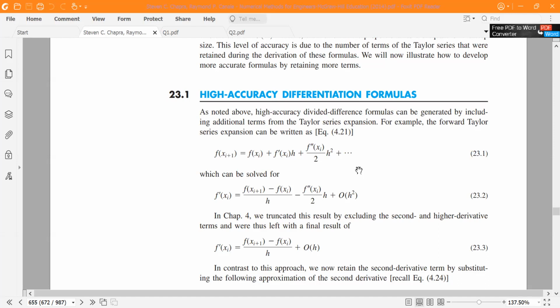Then you make the difference f(xi plus 1) minus f(xi), then divide by xi plus 1 minus xi. Xi plus 1 minus xi we call the step size, isn't it? Yes, sir.